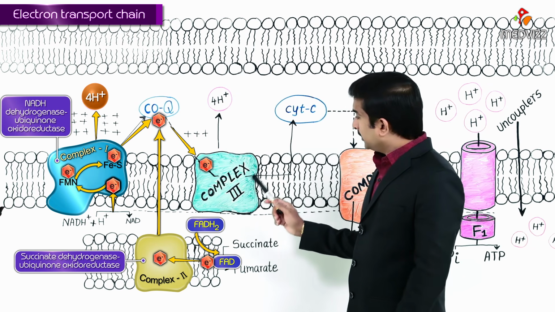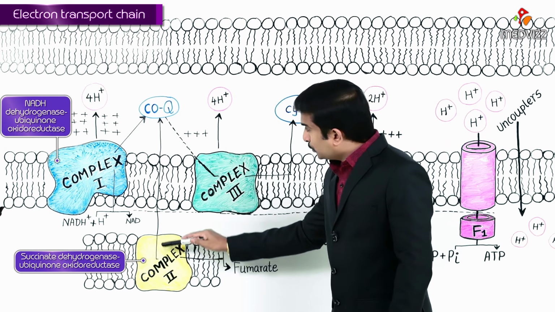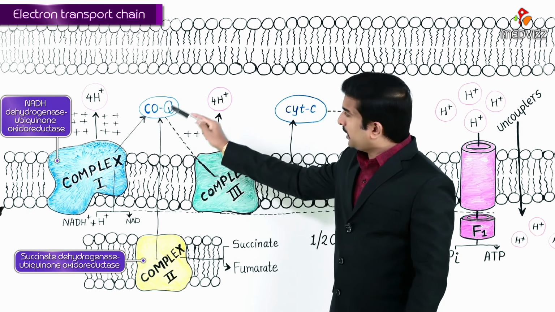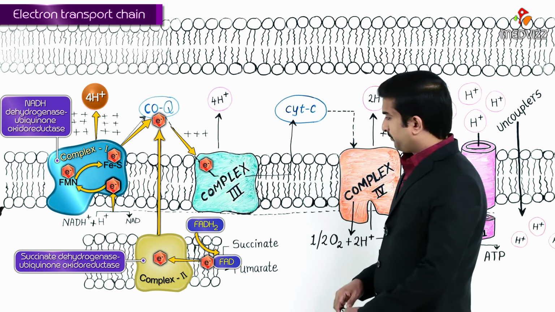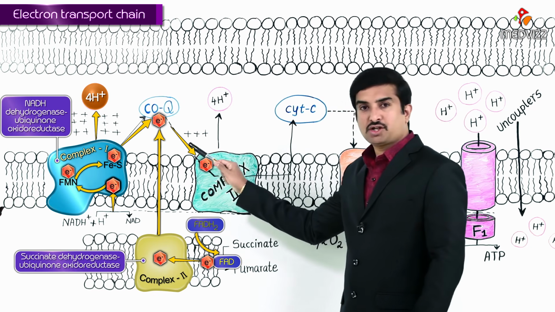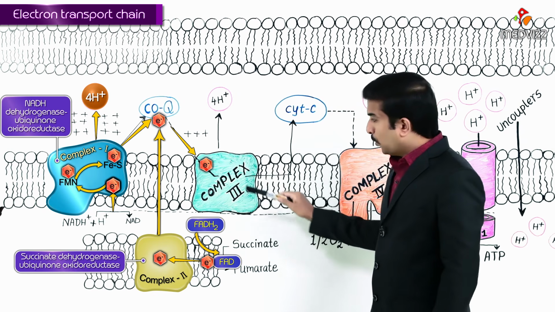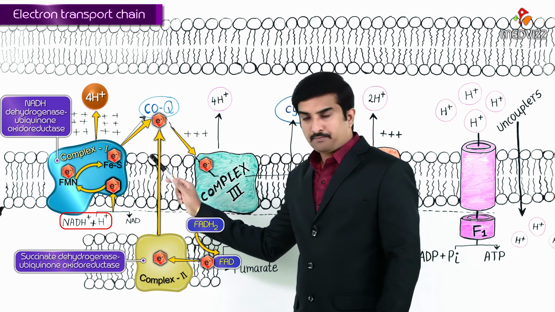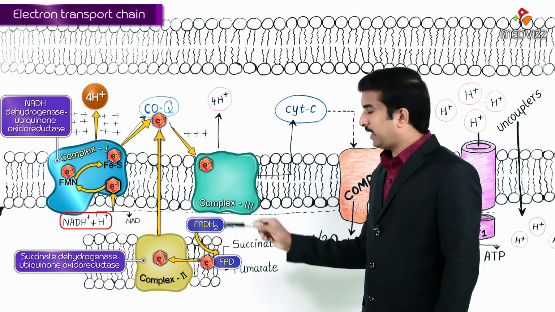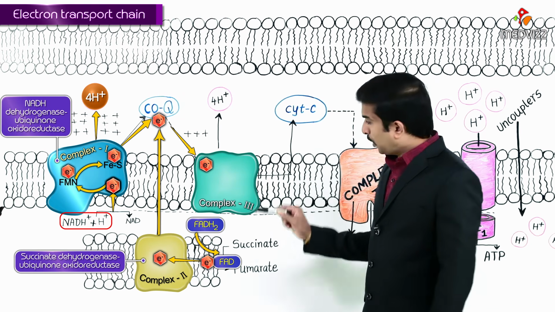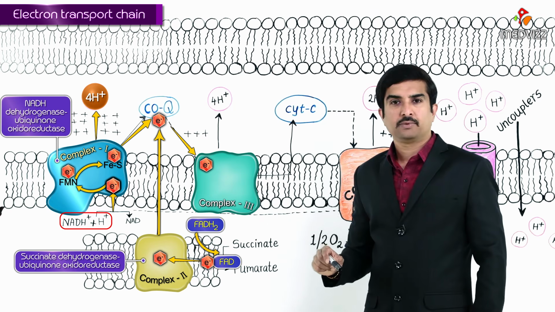Here remember this, at complex 2 no protons are pumped into the intermembrane space. Now whether it is from the FADH pathway or the NADH pathway, now the electrons are located at complex 3. Right? So what is complex 3 here?